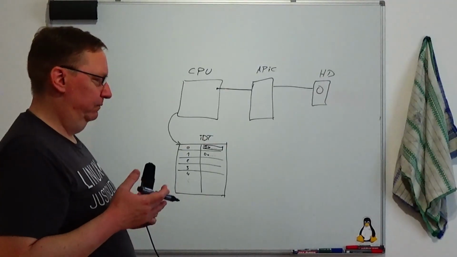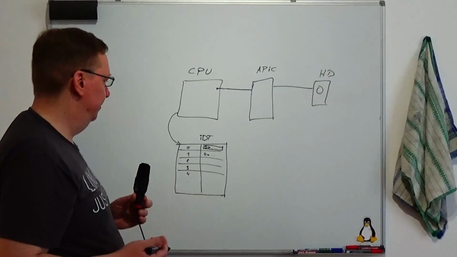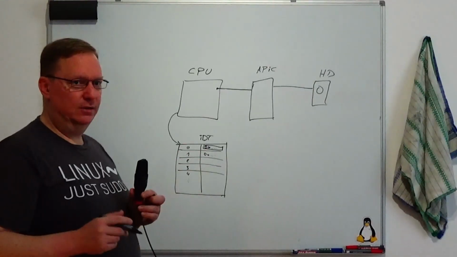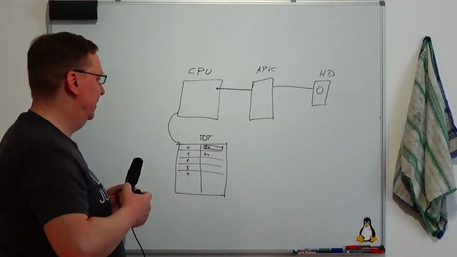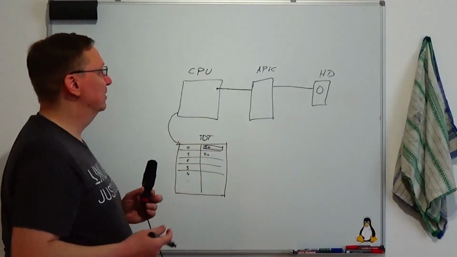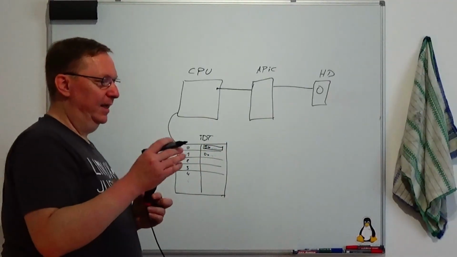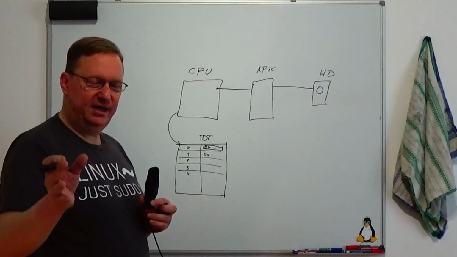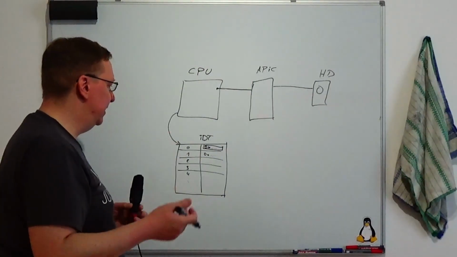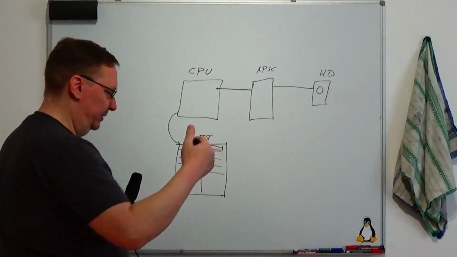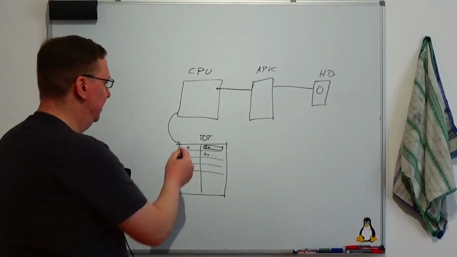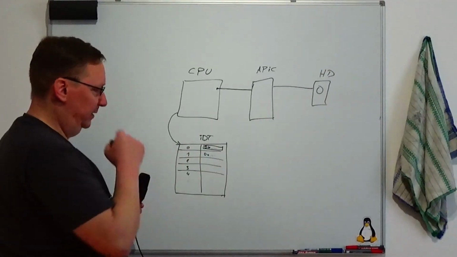For example, it will update the clock in the corner of your screen, or a timer interrupt will also cause the scheduler to look, hey, should I switch to a different task, and stuff like that. So stuff that has to happen periodically would be done by the timer interrupt.